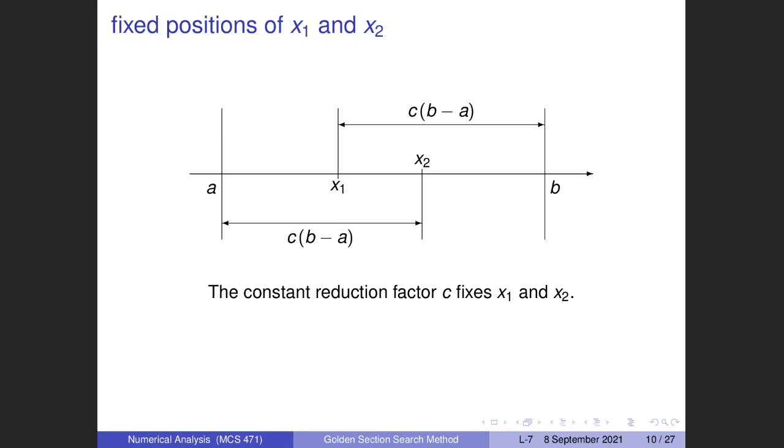But in both cases, the remaining interval is c times b minus a. So in words, you can say that x1 lies at distance c times b minus a from the right bound b, and x2 lies at the same distance from the left bound a.